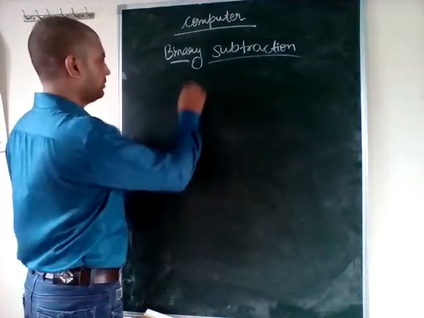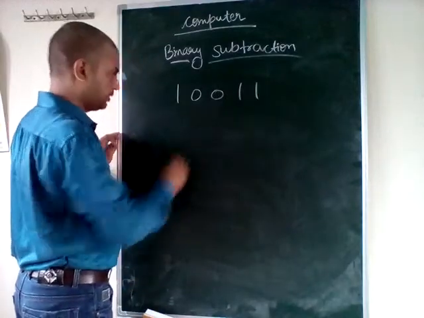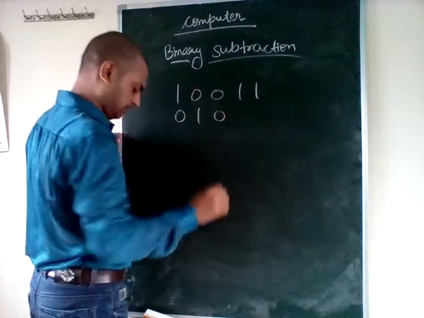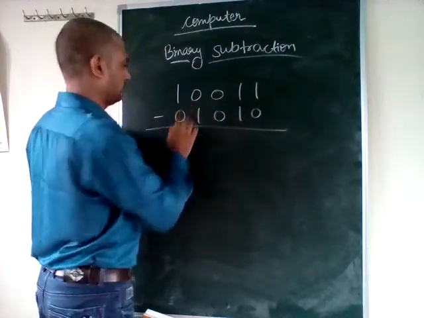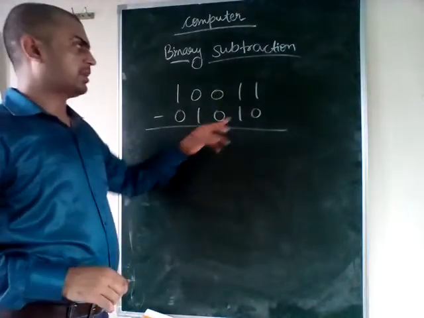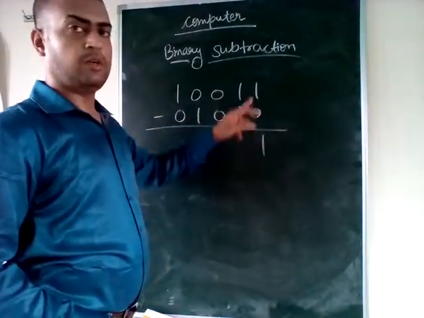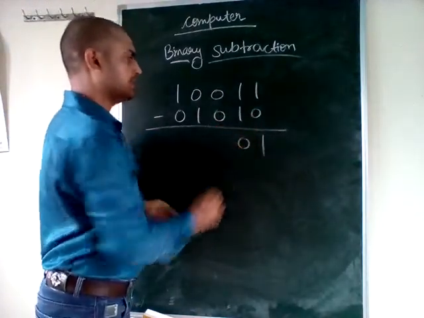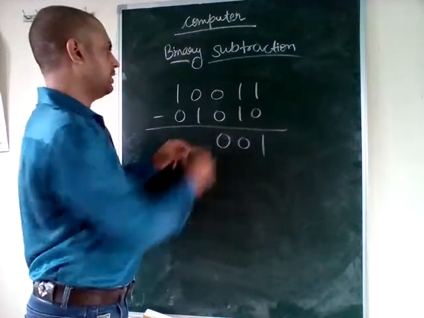100. Now in this we can easily understand: 1 minus 0, 1; 1 minus 1, 0; 0 minus 0, 0.